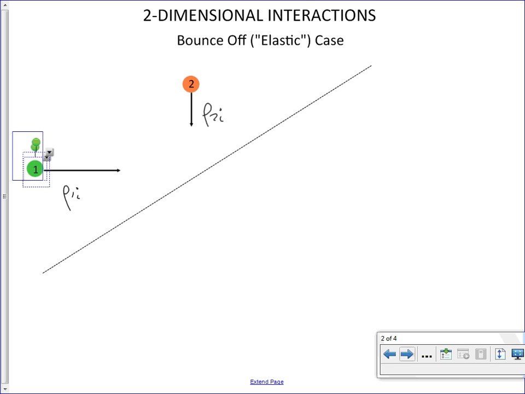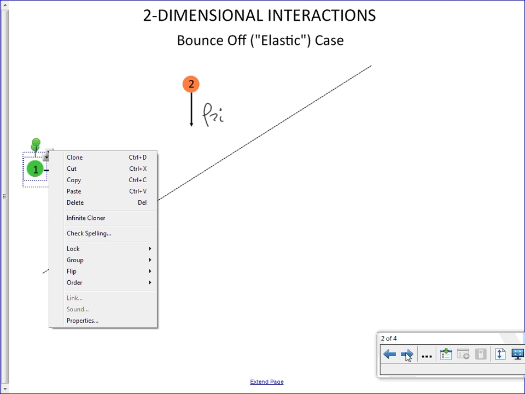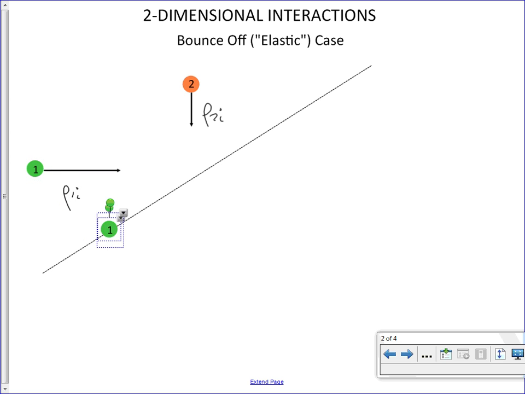It really depends on a couple of conditions that we won't really talk about just yet. But let's say that the following happened. Let's say that in the end, number one ends up, I don't know, with that momentum. Okay? The question is, what's the second one going to do?